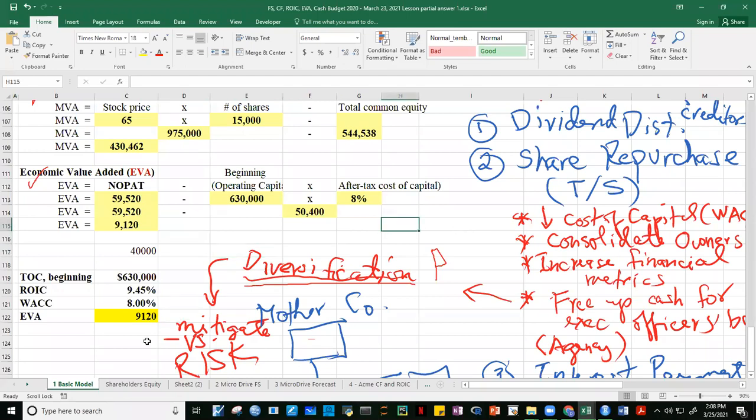So this is another way to compute the EVA. We didn't use the NOPAT; we used the beginning capital, the ROIC and the WACC.